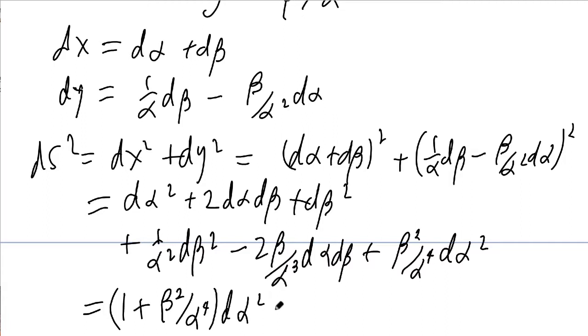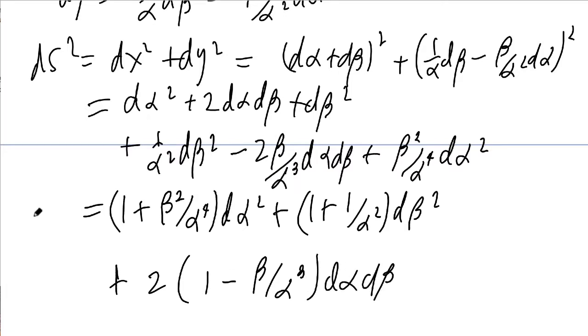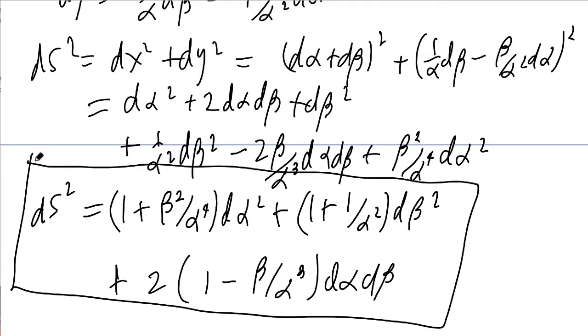The d beta squared terms are 1 plus 1 over alpha squared d beta squared. And now there are cross terms proportional to d alpha times d beta. We have 2 times (1 minus beta over alpha cubed) d alpha d beta. So this is the line element for the flat Euclidean plane in alpha beta coordinates.